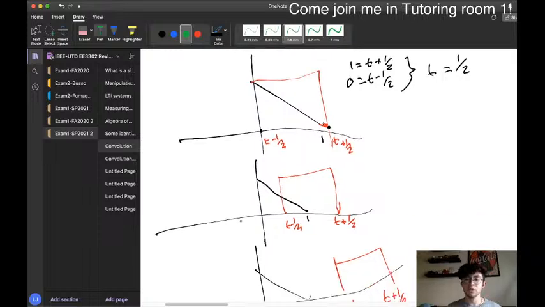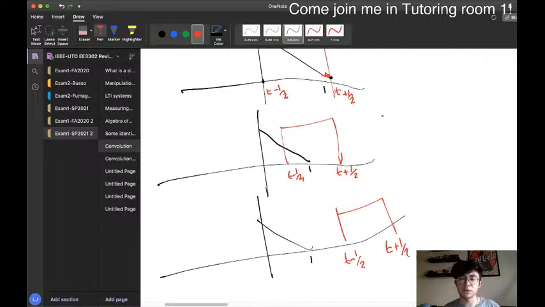And for case 4, the same thing. So 1 is less than t minus 1/2, and this is greater than 0. So I'm doing the left endpoint right here, and then t plus 1/2 is greater than 1.